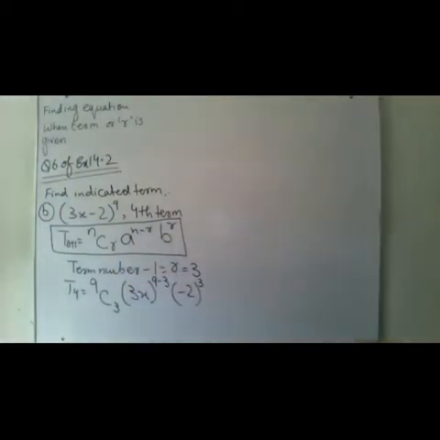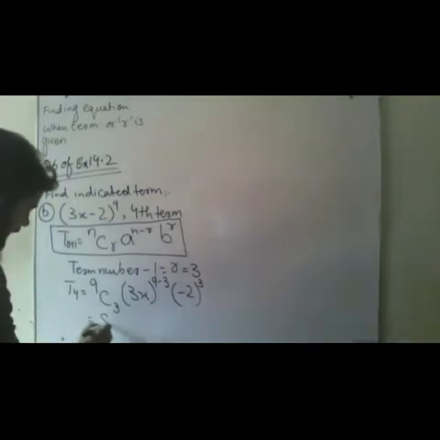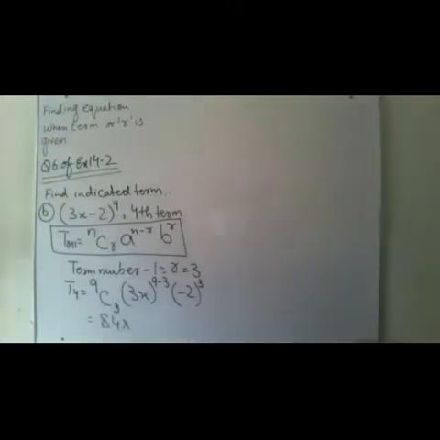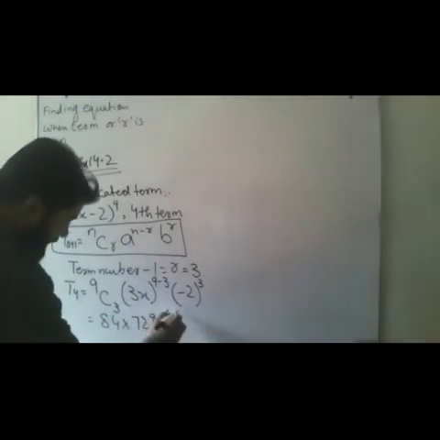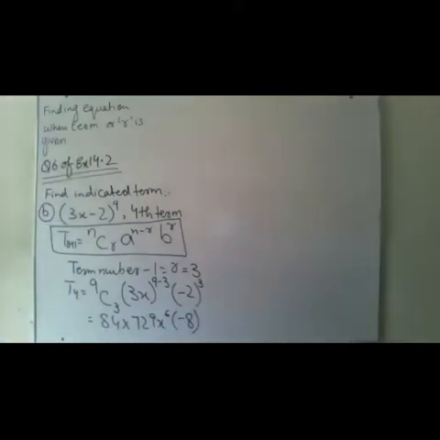Now I am going to solve them. 9C3 first of all, the answer is 84, into 3 to the power 6, that is 729 x to the power 6, and minus 2 cubed will become minus 8.